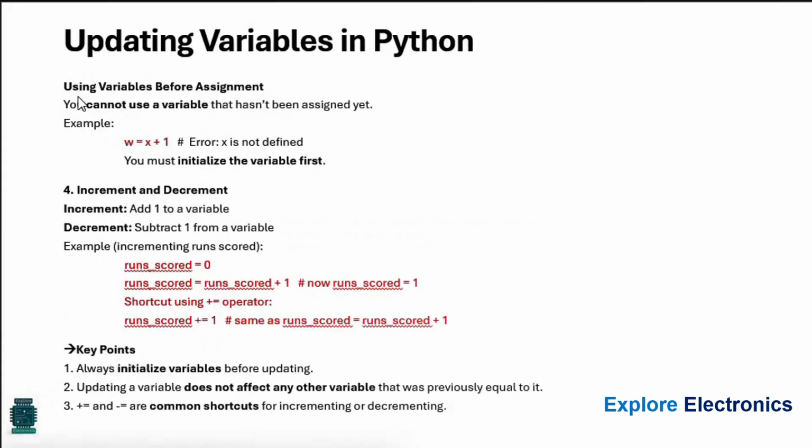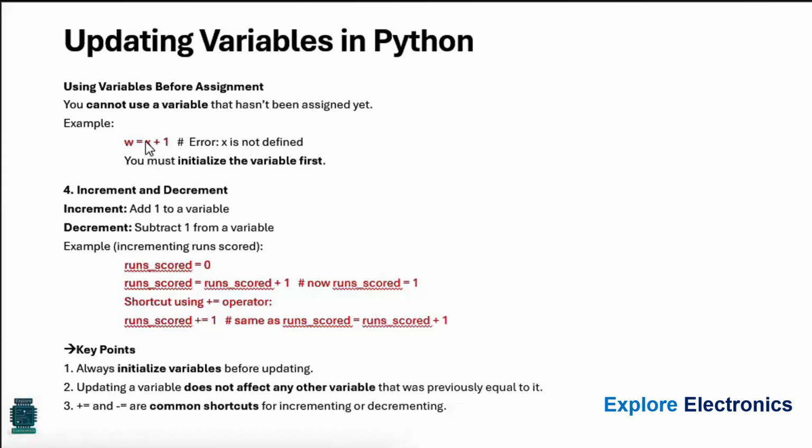Here, using variables before assignment. Before assigning a value to a variable, how exactly does it work? Let us see. You cannot use a variable that hasn't been assigned yet. For example, w is equal to x plus 1. Here, it will show an error message that x is not defined.